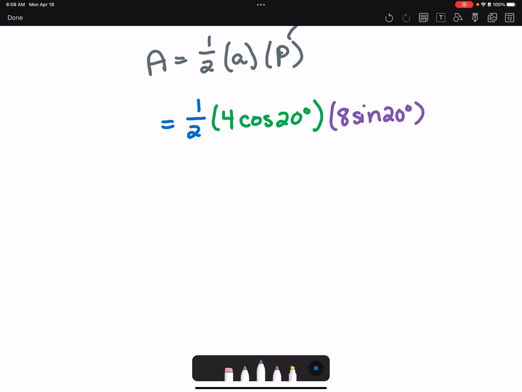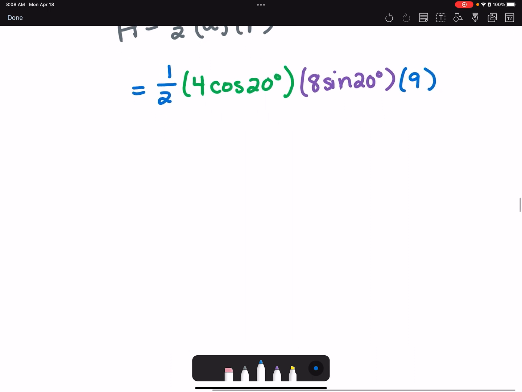In this case, it's a nonagon, so 9. From here, I'm just going to type this all into my calculator, making sure I use the proper parentheses and all of that. And I'm going to get about 46.3 units squared. Since I don't have a unit of measurement, I have to put the term units.